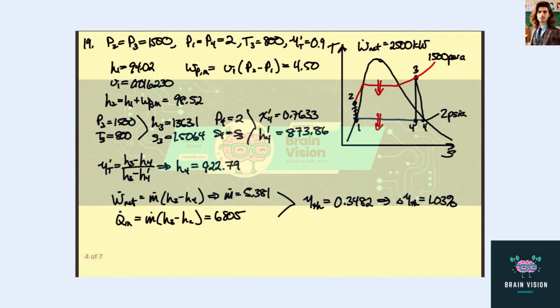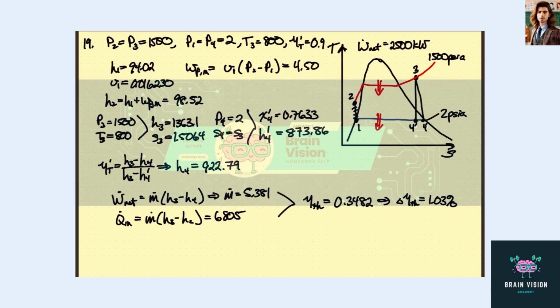So we'll proceed as before. Everything up to this point is exactly the same. Again, I calculated this, but we're not going to use it. This is also the same, right? What we're going to do here is figure out the net work that's going out from just the change in enthalpy from here to here, and that will give us a mass flow rate.